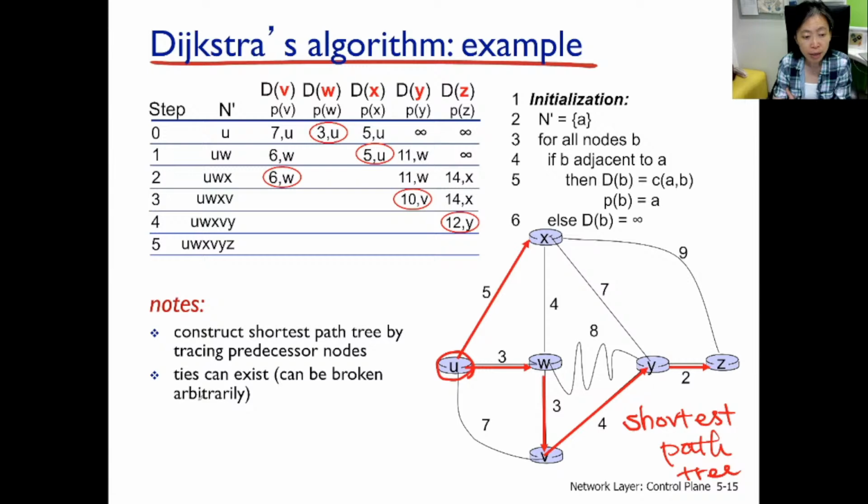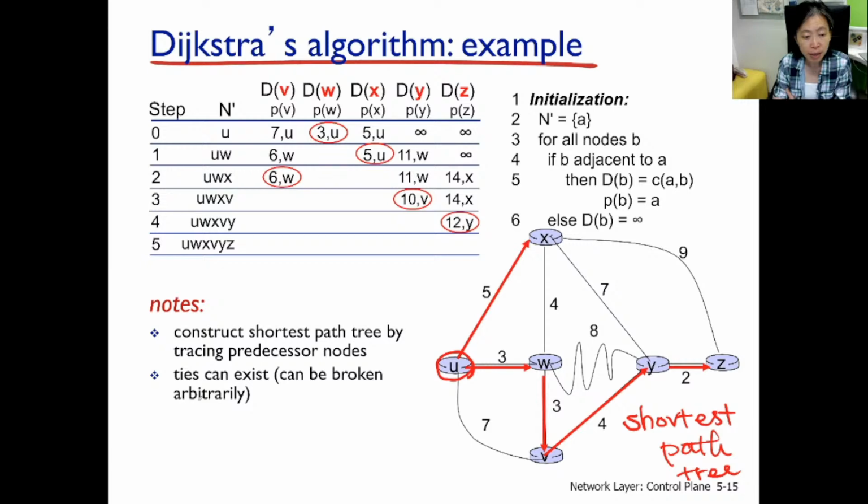According to the shortest path tree, the shortest path to Z will be going through W, V, Y. So the outgoing interface we put into the forwarding table will be the one pointing to router W. For destination X, it will be the outgoing interface pointing to router X. If we're setting up the entry for destination V, the outgoing interface will be the interface pointing to the next hop router, W, towards V. So that's how we generate the forwarding table based on the shortest path tree. And from there, we install it to the data plane.